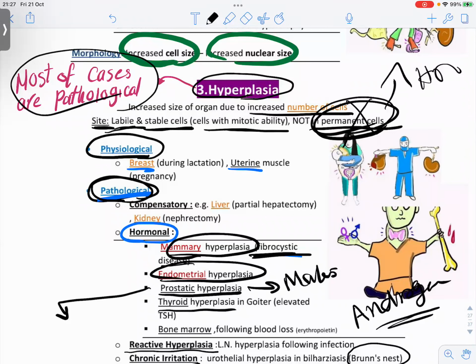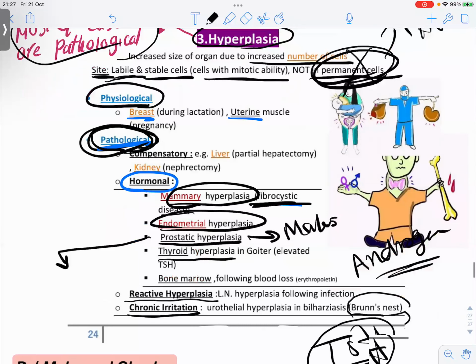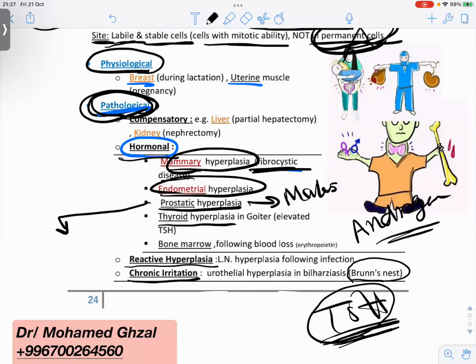Physiological, we said, occurs in the breast or uterine muscle due to the effect of estrogen. But estrogen itself can cause pathological hyperplasia of the breast and uterine muscle if its secretion increases. So in pathological hyperplasia, we have hormonal hyperplasia due to the effect of a hormone, and estrogen is the commonest example.